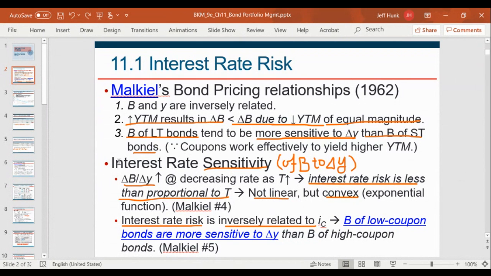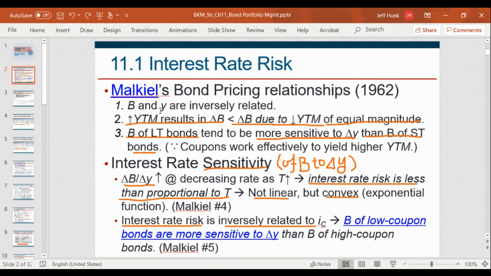Of course, theorem number 1 is called Malkiel's theorem number 1. It concerns bond price and yield. You understand what yield means now. In general, yield to maturity is simply another name for market interest rate, right?